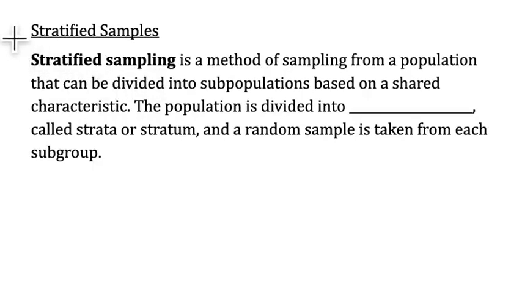Now let's look at stratified samples. Stratified sampling is a method of sampling from a population that can be divided into subpopulations based on a shared characteristic. The population is divided into subgroups. These subgroups are called strata or stratum, and a random sample is taken from each subgroup.